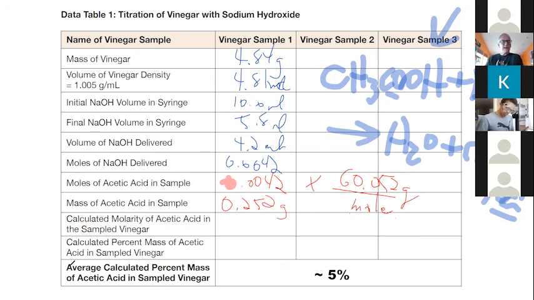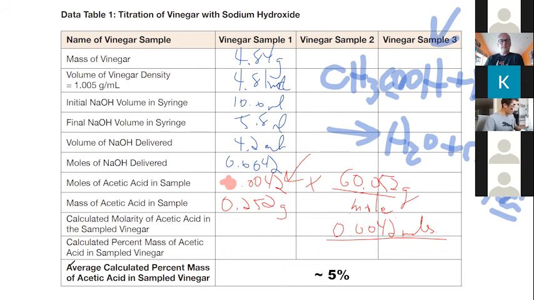And my molarity is this many moles, 0.0042 moles in what? What's my volume? My volume for the vinegar in sample 1 here. What did I figure the volume was?